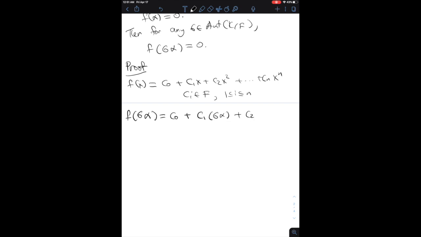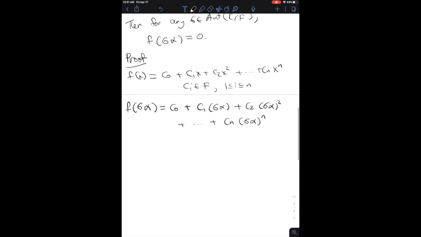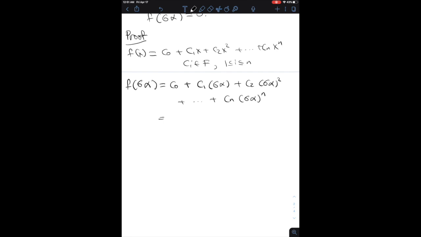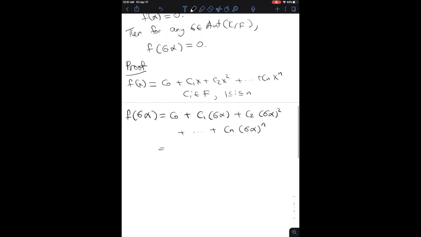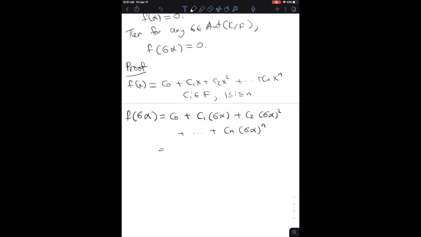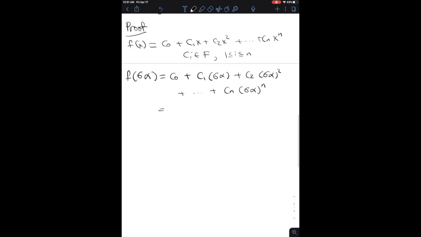So f(sigma(alpha)) equals c0 plus c1 sigma(alpha) plus c2 sigma(alpha) squared plus cn sigma(alpha)^n.